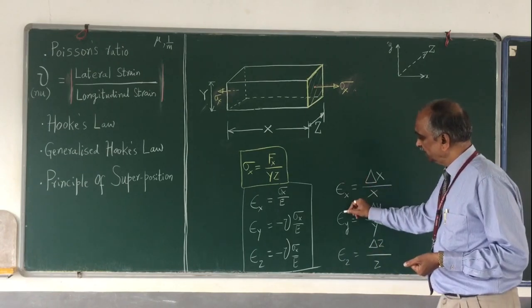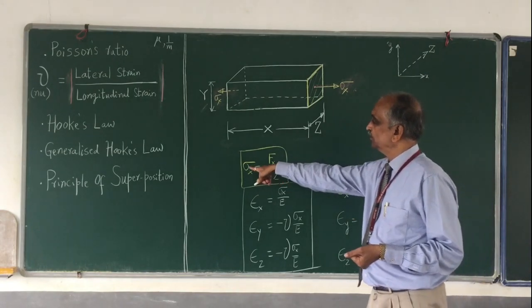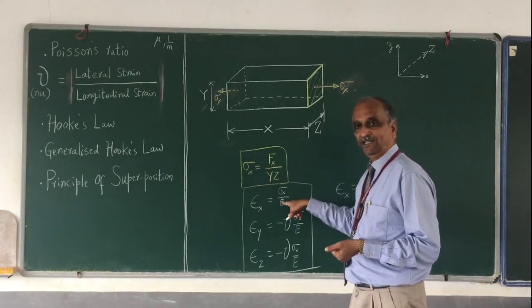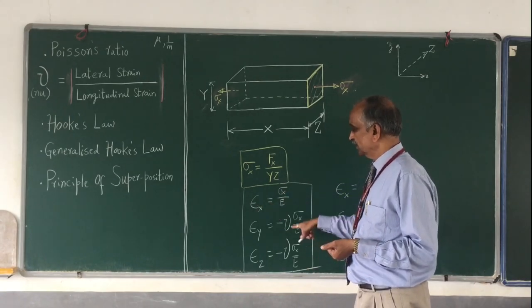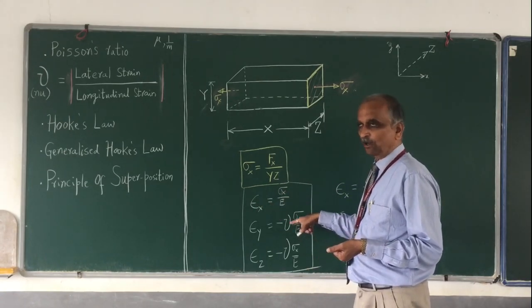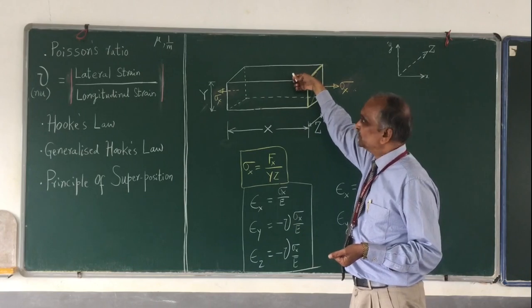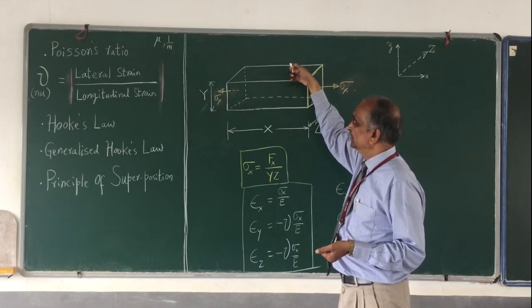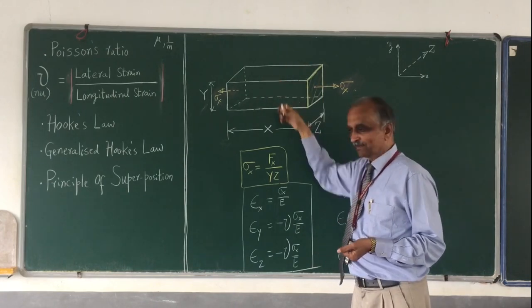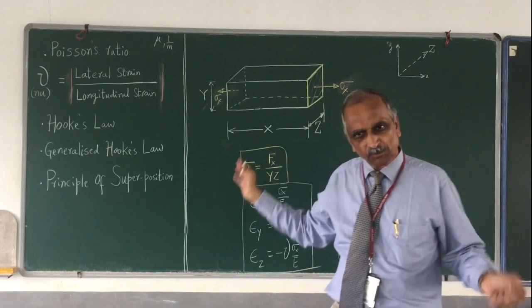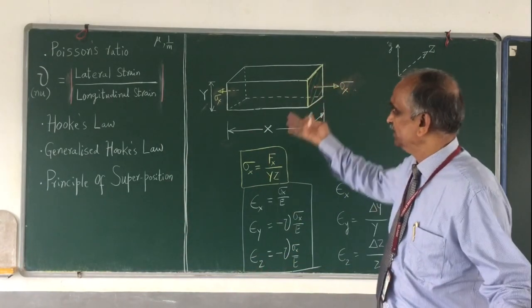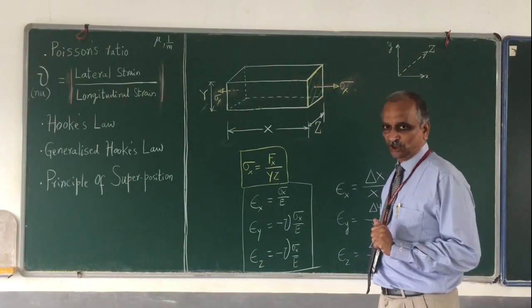So you know epsilon x, assuming that you know sigma x and E. Knowing sigma x and E, you know epsilon x, and knowing the Poisson's ratio of the material, say from which material this bar has been made, you can refer to the data handbook, since it is a property of the material, and immediately you will come to know the Poisson's ratio.